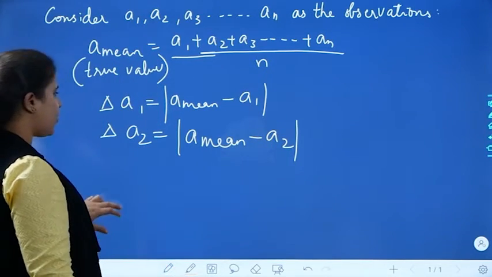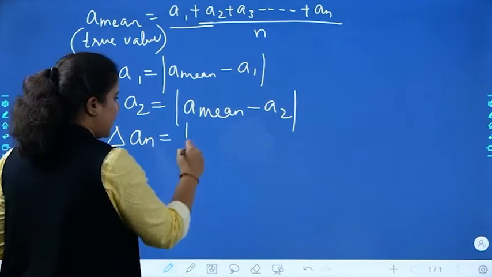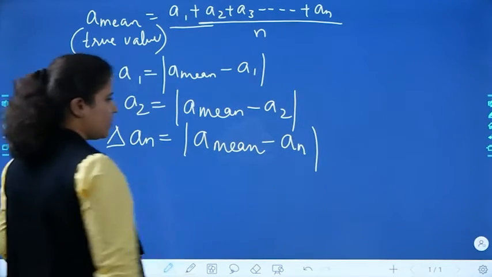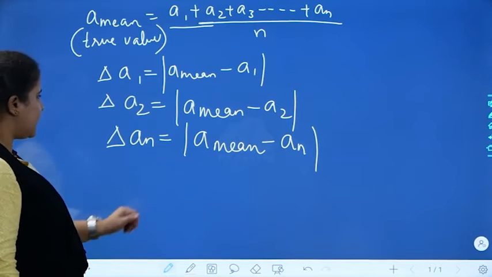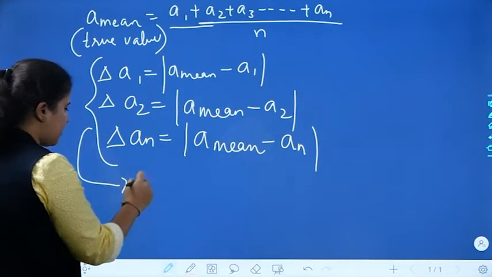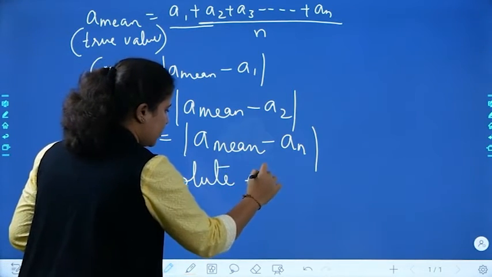Similarly for delta A3, then similarly for delta AN, where it is again A mean minus AN. So when I consider all these, what is this? This is nothing but the absolute error.